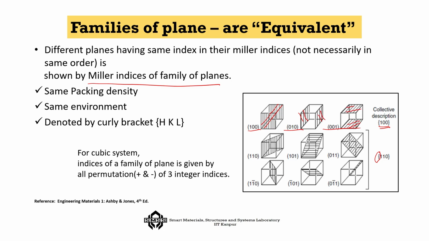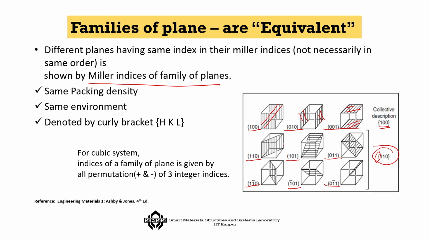All these planes are in the same family. Similarly, if you have a 1 1 0, that means any two of the indices are 1, so 1 1 0 is a possibility, 1 0 1, 0 1 1, and not only that, 1 1 bar 0, 1 bar 0 1, 0 1 bar 1, negatives also.